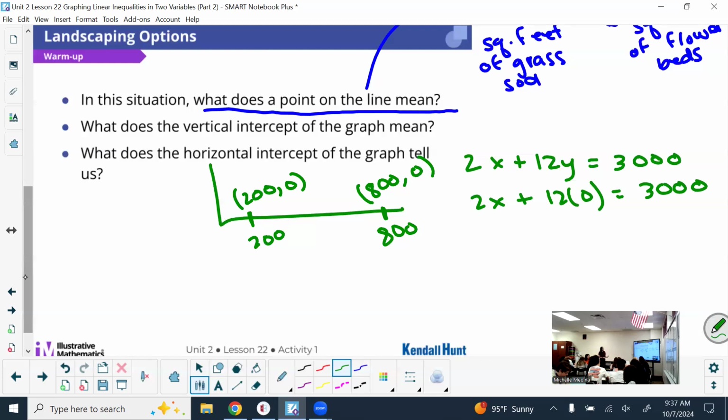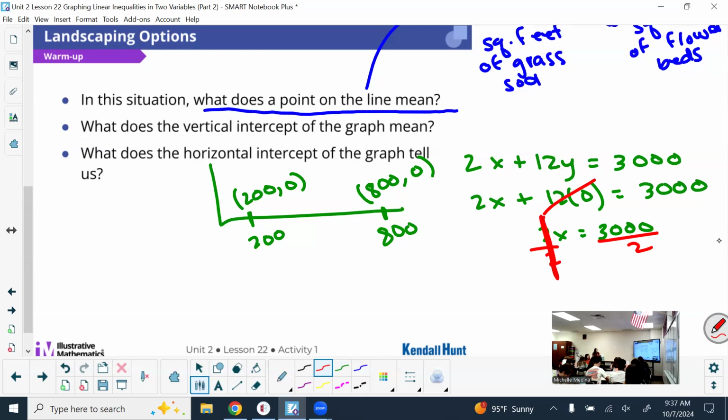Okay. So then anything times 0 is what? That basically cancels out this term and just makes it 2x equal to 3,000. The opposite of multiplying by 2 is dividing, and that's what we're going to do on each side.